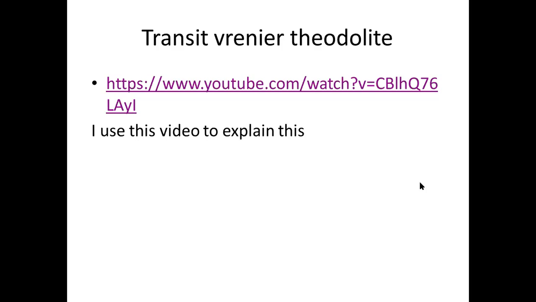By means of the vertical circle clamp and its corresponding slow motion screw, the telescope can be set at any desired position in a vertical plane. To read the vertical circle, two verniers are fitted on an index arm.